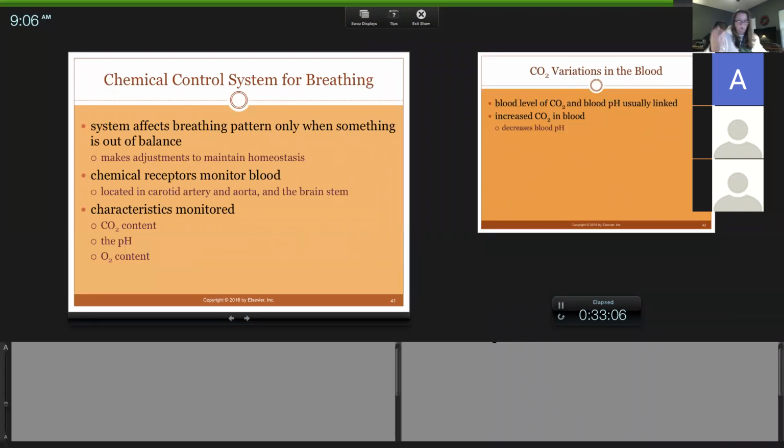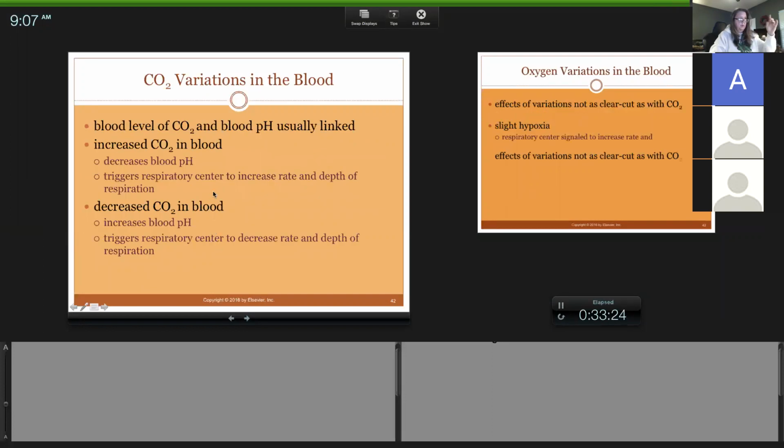So chemical control means they're monitoring chemicals in the blood, okay? Mechanical is something moving or stretching. Chemical control is measuring CO2, pH, and oxygen. So remember the relationship: CO2 goes up, pH goes down; CO2 goes down, pH goes up. Inversely proportional, okay?